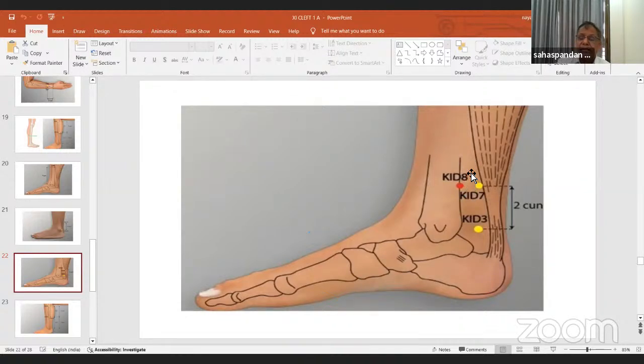Kidney 8 is the Xi-Cleft point for the Yin motility vessels and is indicated for irregular menstruation, dysmenorrhea, amenorrhea, and especially for uterine bleeding.